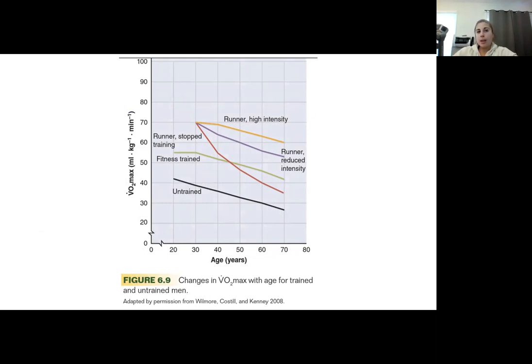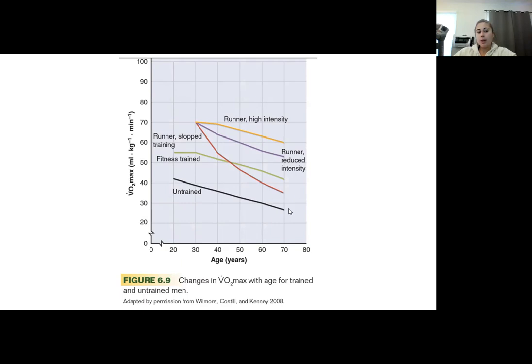If you did nothing your whole life and you never did any aerobic training at all, you're going to see this type of a decrease. And by the age 70, you're going to see a VO2, let's say, 26, right? Just the high 20s, which is quite low. And you're probably going to be near that threshold of independence, which means it's going to be a lot harder to do your activities of daily living at that age.